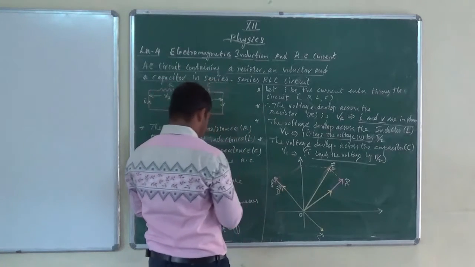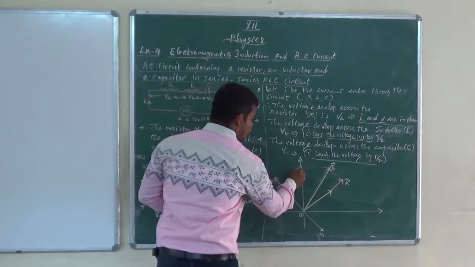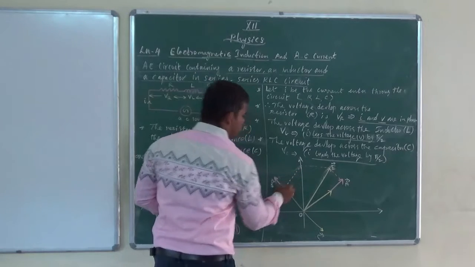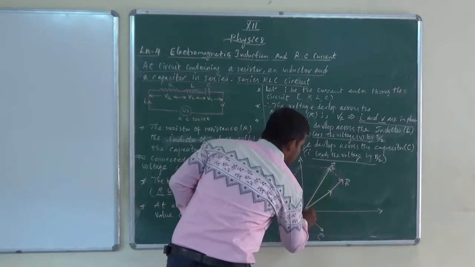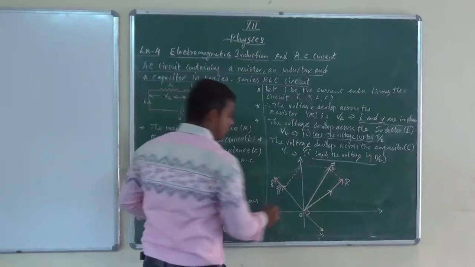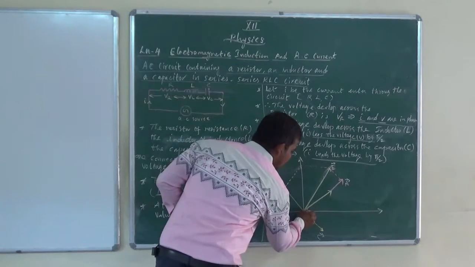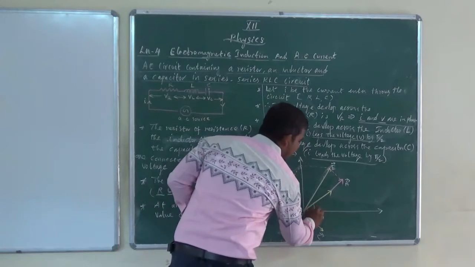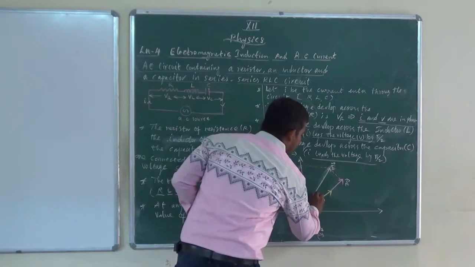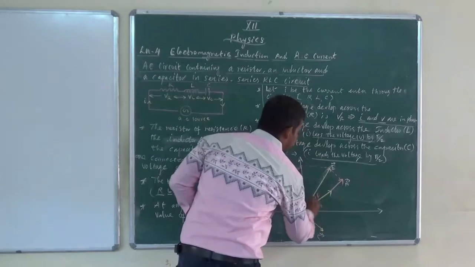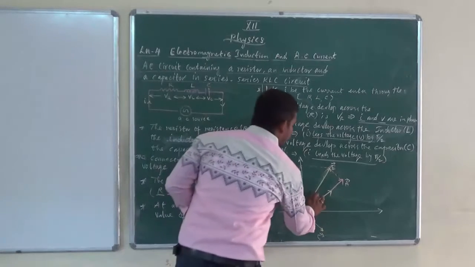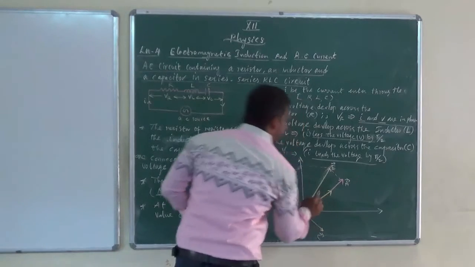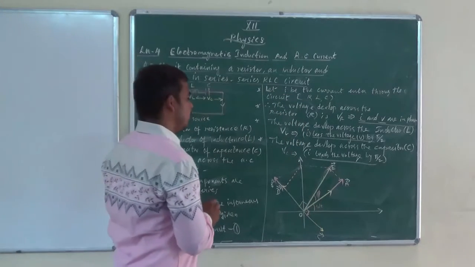Small correction. Okay, this is 90 degrees, this angle is omega t, this angle is phi. It will be difficult, but if you practice a number of times, you will get it.